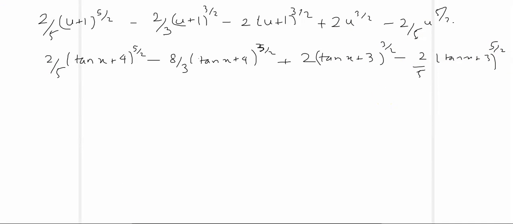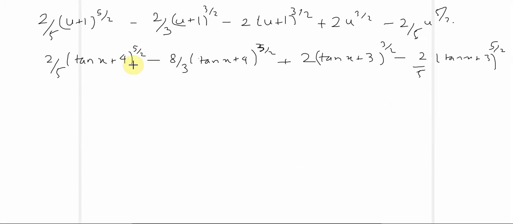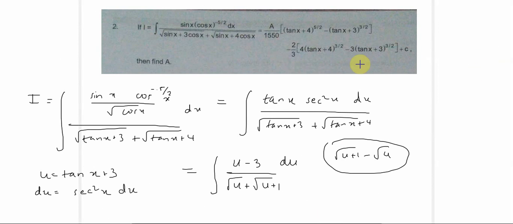So let's look at the question again and see how it matches with the answer. Okay, so 3 by 2 terms: both tan x plus 4 and tan x plus 3 have a 3 by 2 term. And this is minus 8 by 3.